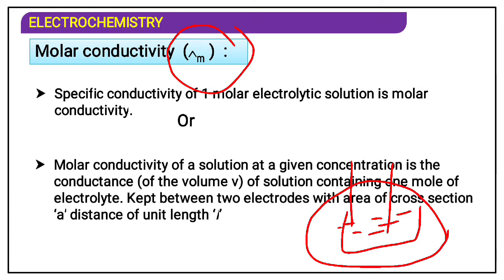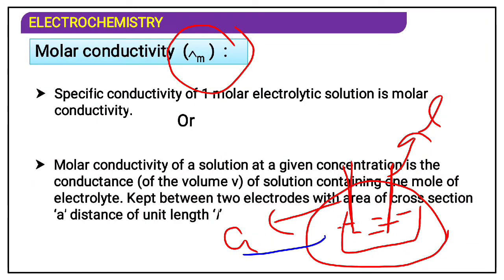So we have to take 1 mole of electrolytic solution and dip the 2 electrodes in it. The length between the electrodes is L, and the area of cross section of the electrode is A. Then how much conductance is shown by this solution, that we call molar conductivity.